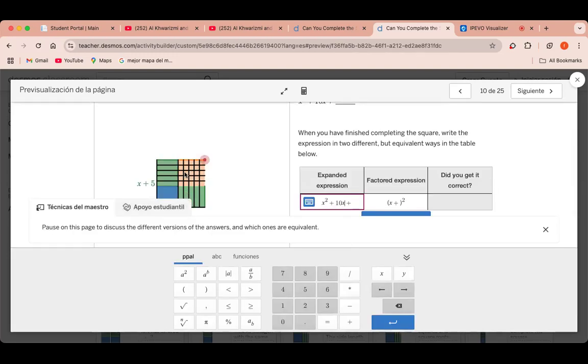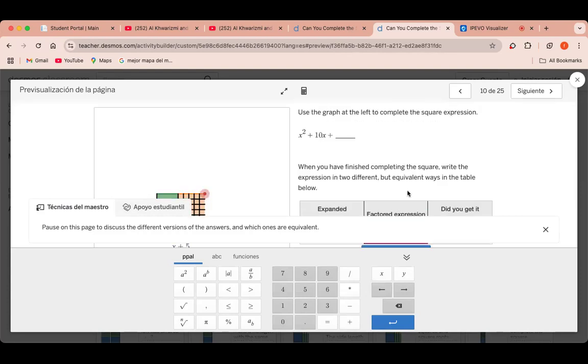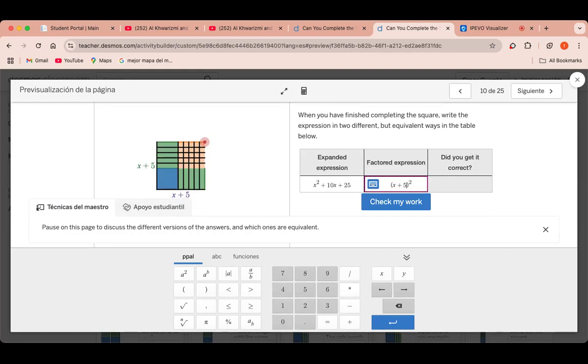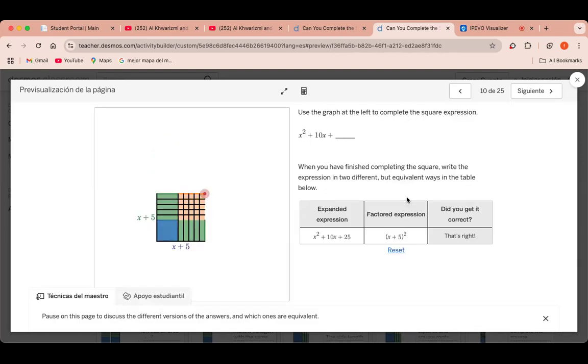Oh, I need 25 small squares. So it's plus 25. And the factored expression is the base times the height, so it's x plus 5 squared. So I can check my work. Oh, this is right. Excellent. And the same for activity 11 and activity 12. So I will work with the students in this part.